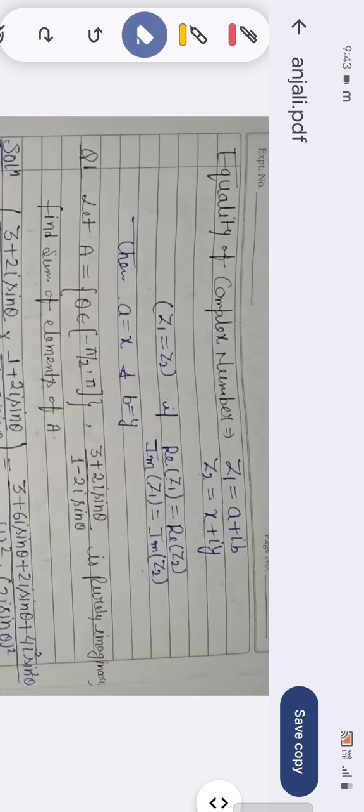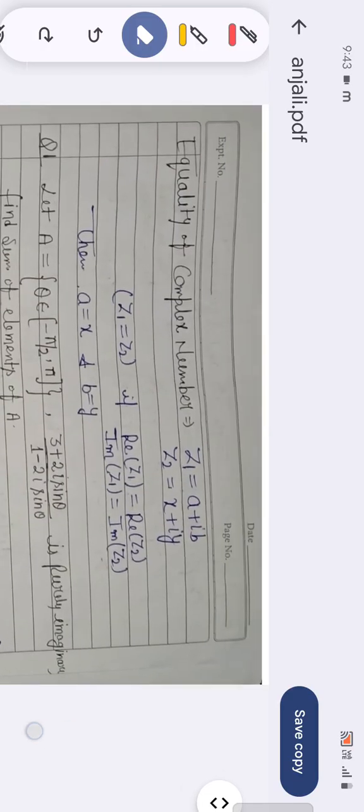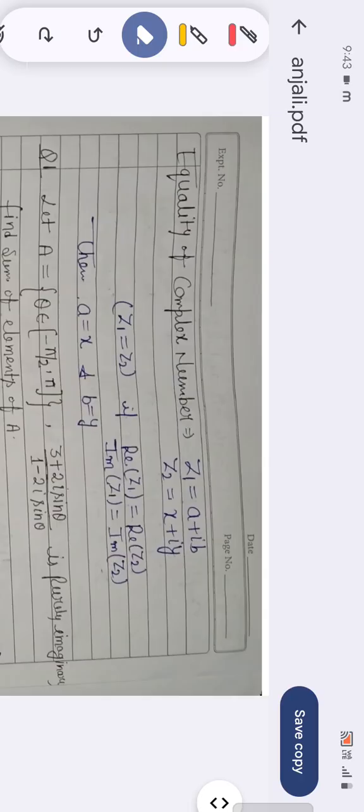And next is equality of complex numbers. If two complex numbers are equal, what will be the value? So Z1 is the first complex number a plus ib, and the other complex number Z2 is x plus iy.